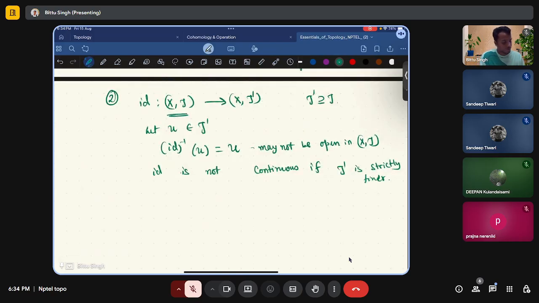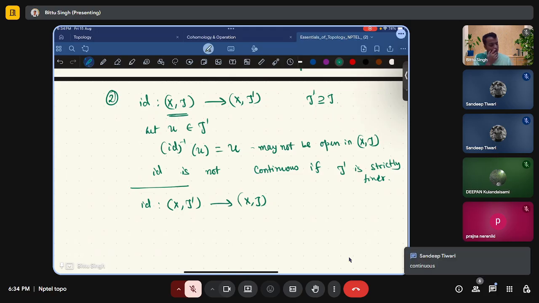What about the opposite side? If we take this map, now consider from (X, tau dash) to (X, tau). So in this case, it is continuous, right? Exactly, because tau is smaller.